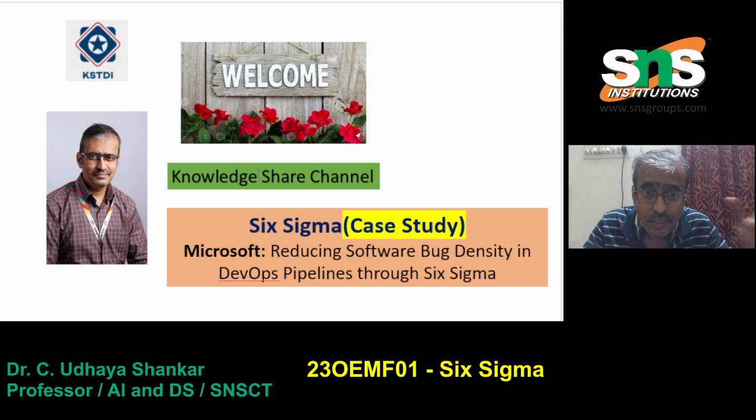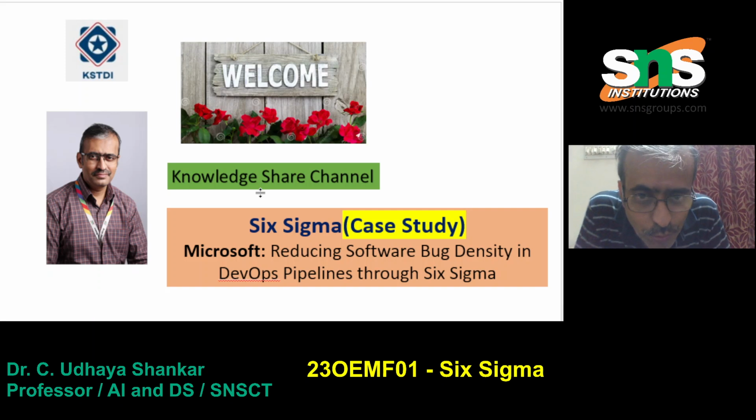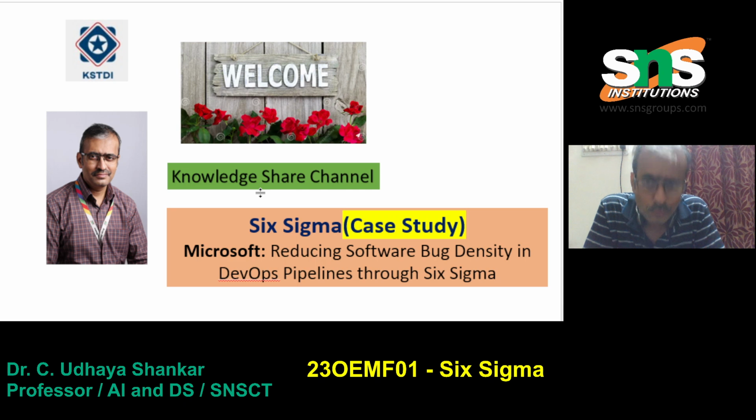So, in order to tackle the bug density within their DevOps pipelines, Microsoft transitioned from reactive debugging to a proactive Six Sigma approach. Using the DMAIC roadmap, they defined the critical to quality metrics, moving beyond simple error counts to analyze the defects per million opportunities, that is DPMO, in the source code.